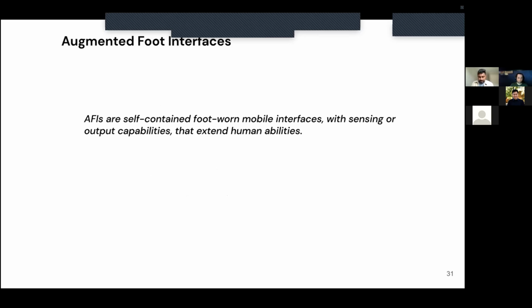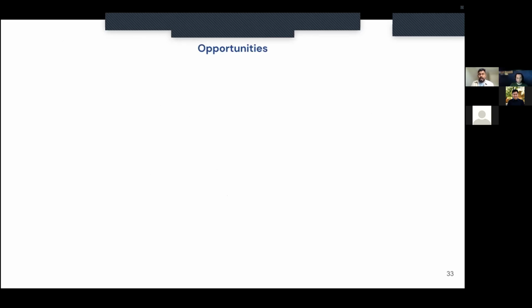We provided this definition for this new paradigm, and then we started exploring how we can develop these interfaces. One important thing to identify is some of the opportunities that our foot provides to develop these interfaces.